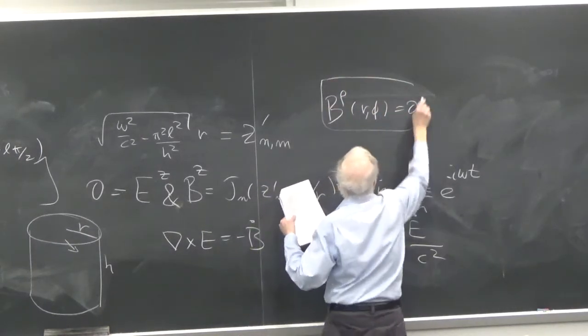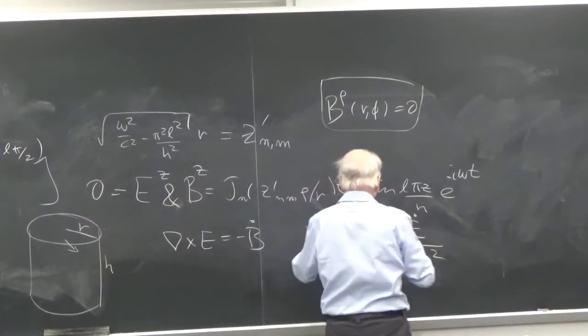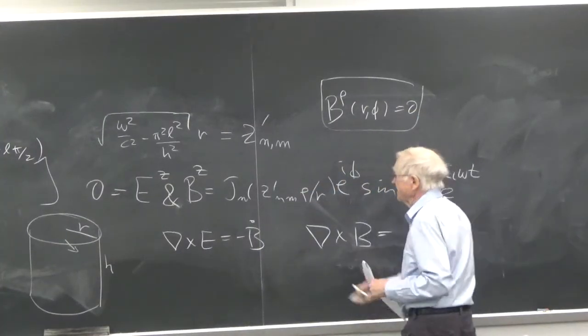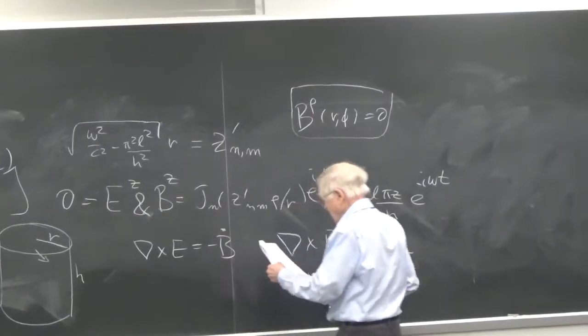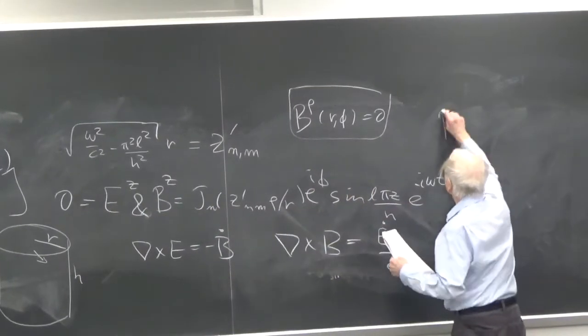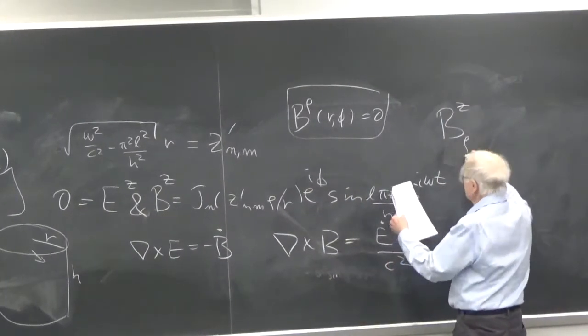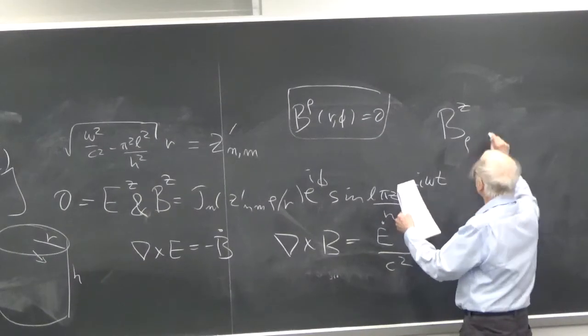This is what we want to get. And what we're given is BZ, and so we can compute the rho derivative of BZ.